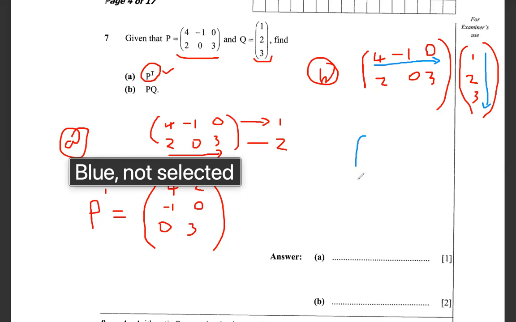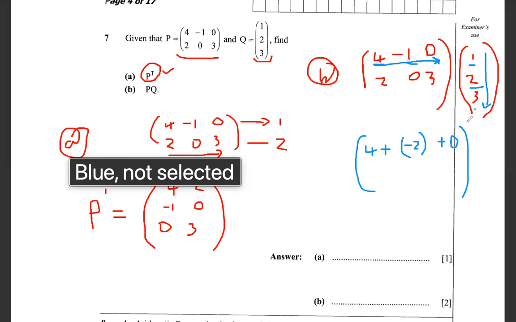So the first one will be 4 times 1 gives us a 4. Now we are adding, and -1 times 2 gives us a -2, and the 0 and the 3 gives us a 0. So the first row is done.